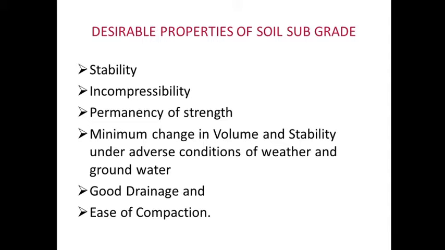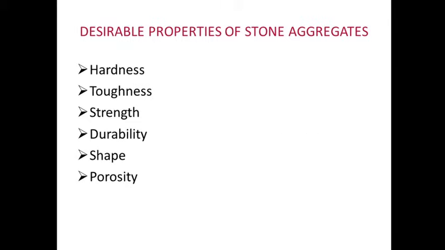Then we can discuss desirable properties of stone aggregate such as hardness, toughness, strength, durability, shape, and porosity. The aggregate which is used for road work should be hard enough to resist wear and tear. Then evaluation of various properties of stone aggregate. Hardness.